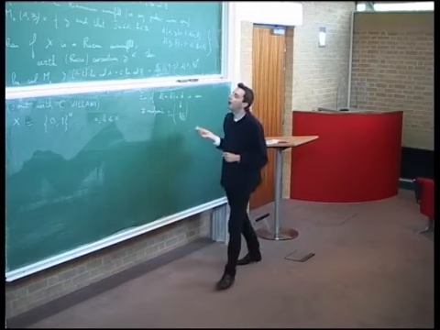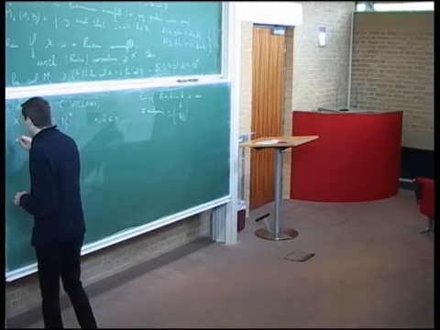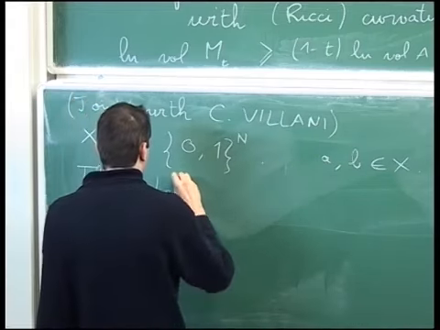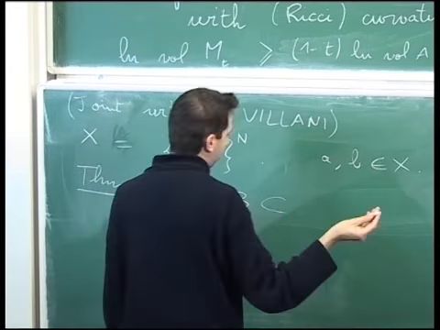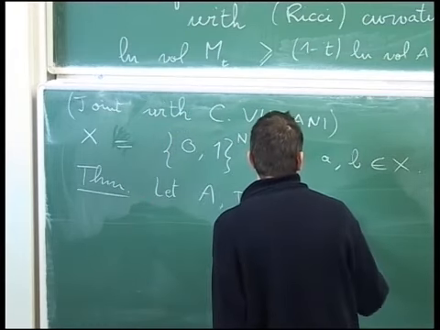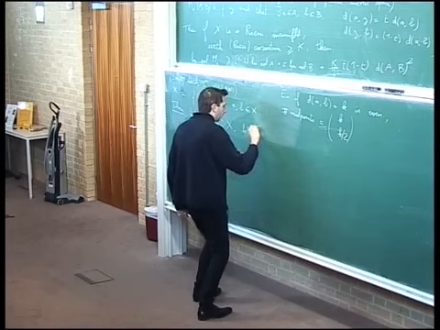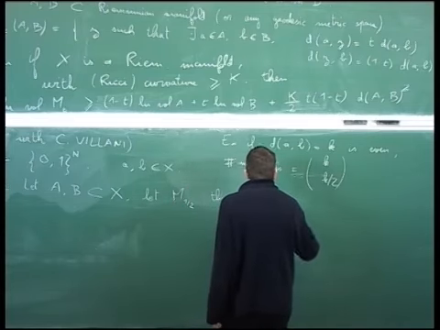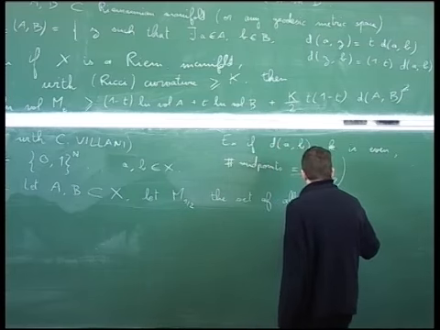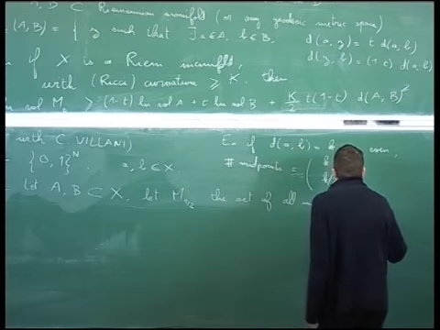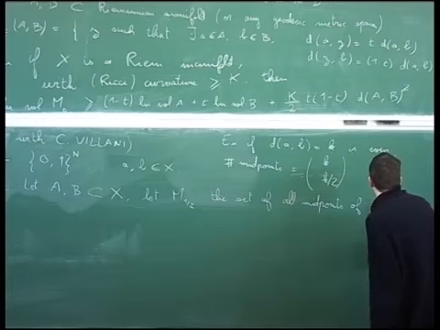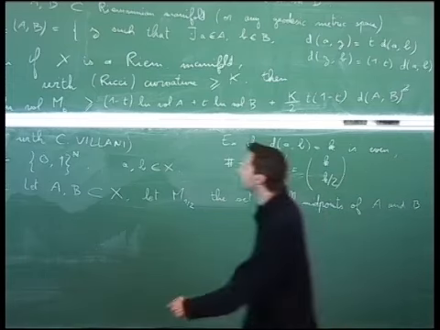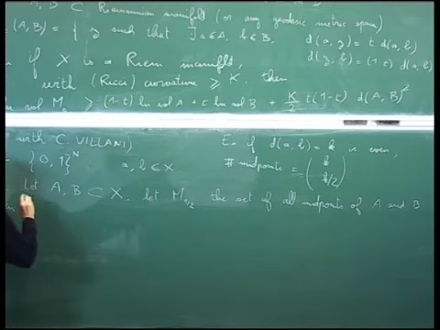So now we have the result. Let A and B be two subsets of the discrete cube, and let M_{1/2} be the set of all midpoints of A and B. So with t equal 1/2, then we have a Brunn-Minkowski inequality.